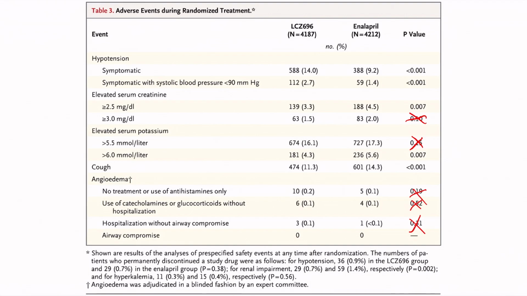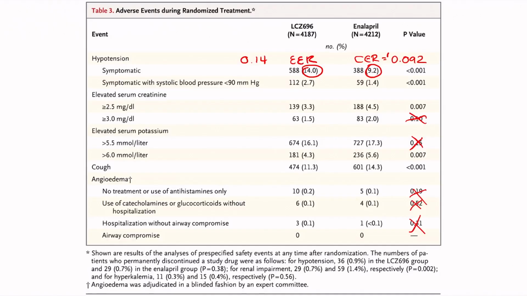So this hits all these criteria. So for this one, our EER is going to be 14 or 0.14, and our CER is 9.2 or 0.092. So let's try some calculations.